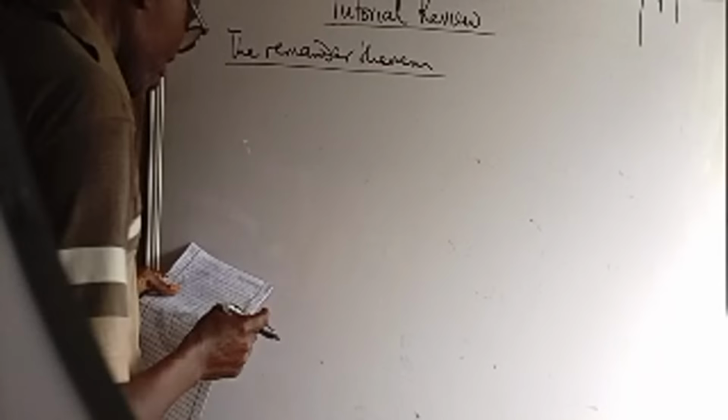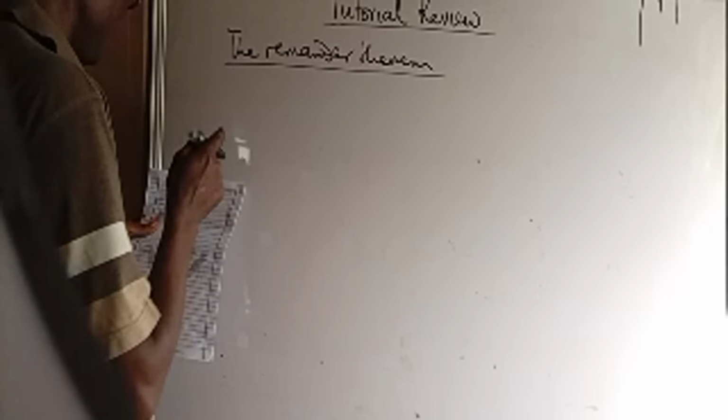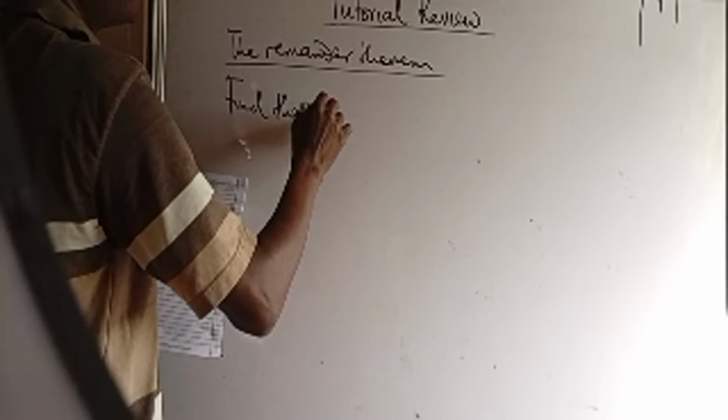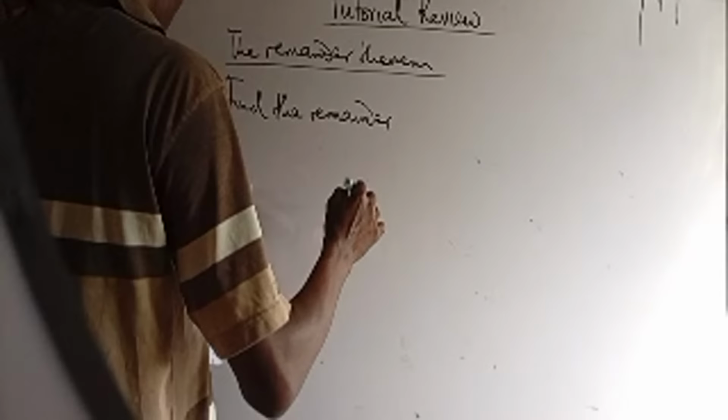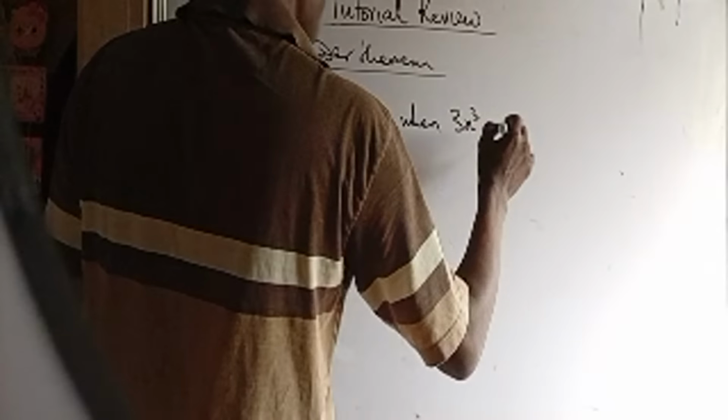Suppose we are asked to find the remainder when 3x cubed plus 6x minus 1 is divided by x minus 3.